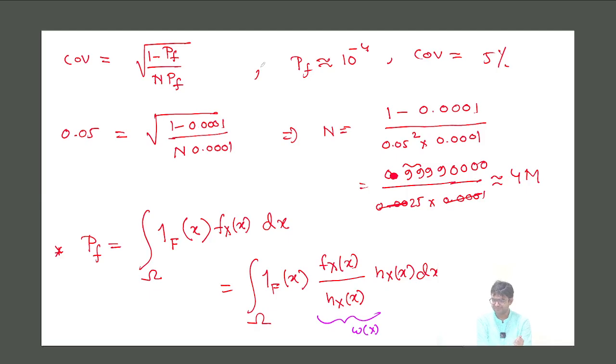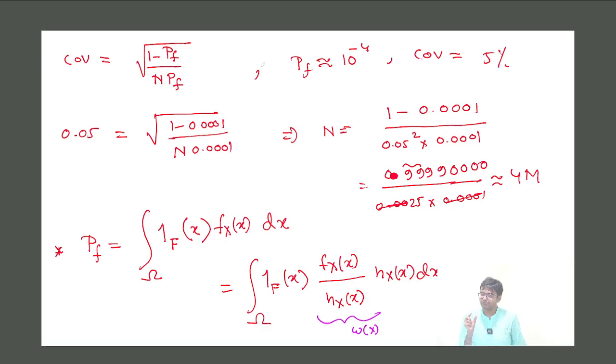N will decrease, and if PF reduces, N will increase, and that is quite obvious. For a 10 to the minus 15, when I said, you were scared that it will take lots of samples, right? Intuitively we were doing that only, but you were not scared when it was 10 to the minus 2. So, that means when the probability of failure reduces, the number of samples required increases.